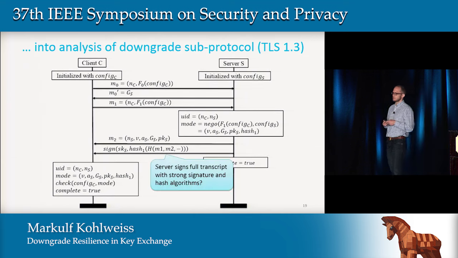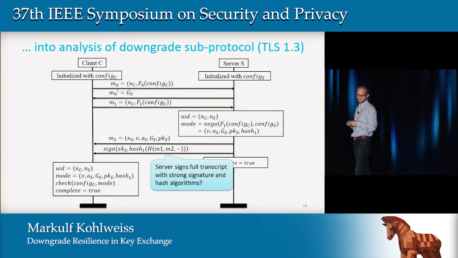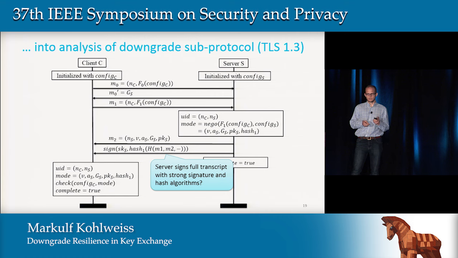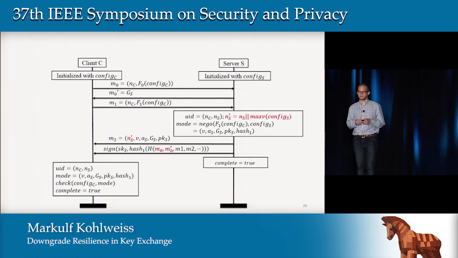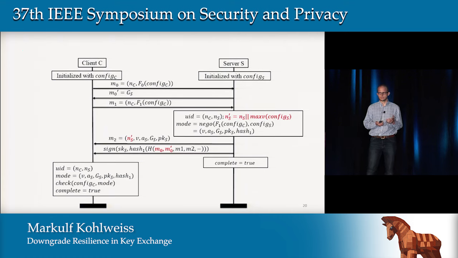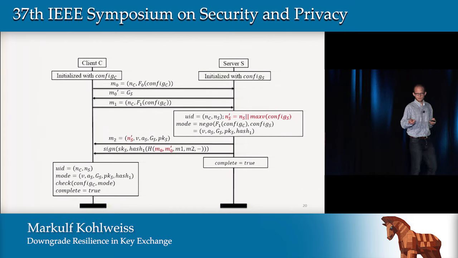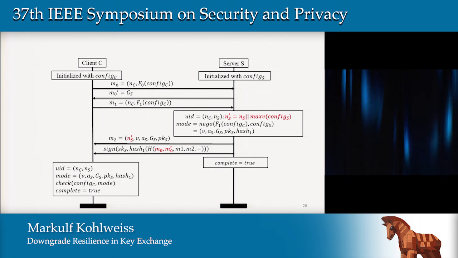So the downgrade security should come from the signature on all of those messages. However, TLS 1.3 missed the retries. So the session hash started after the retries. This is one of the fixes that we proposed. And there's another fix that does something fancy to the server nonce, which I will get back to in a bit.